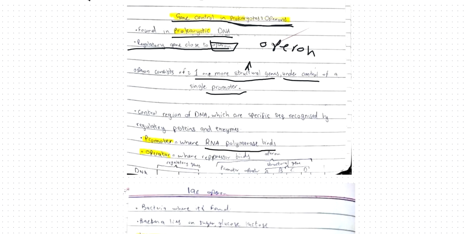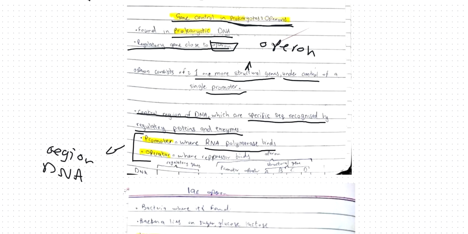Remember, it is a control region of DNA, a specific sequence recognized by regulatory proteins and enzymes. So promoter and operator are two regions in the DNA sequence where proteins can bind. The promoter's job is to bind RNA polymerase, and the promoter, from its name, promotes transcription and translation.